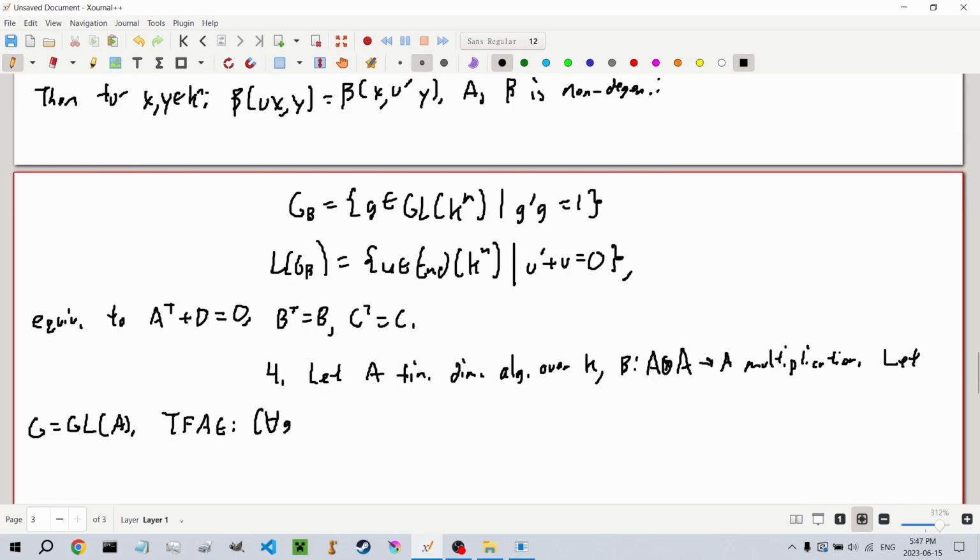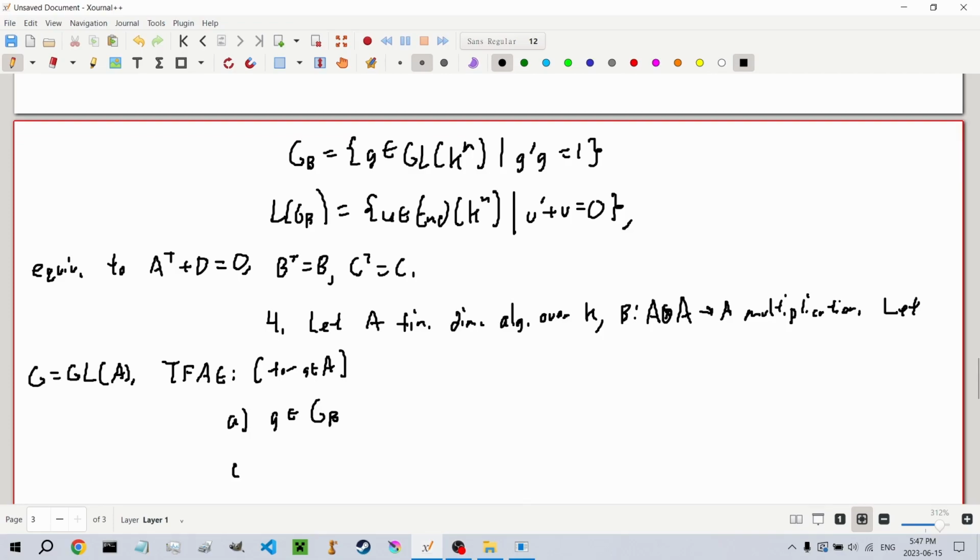These are all for all G and A. Rather, for some G and A. First off, G is in the stabilizer of beta. Beta of G inverse of some X in A and G inverse of some Y in A is beta X and Y for all X, Y in A.